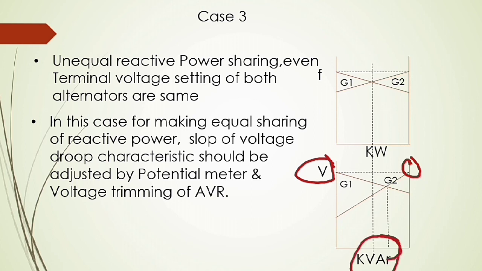So there is unequal reactive power sharing even though the terminal voltage settings of both alternators are the same. In this case, to make the sharing of reactive power equal, the slope of the voltage droop setting should be adjusted by the potentiometer and voltage trimming of the AVR again.